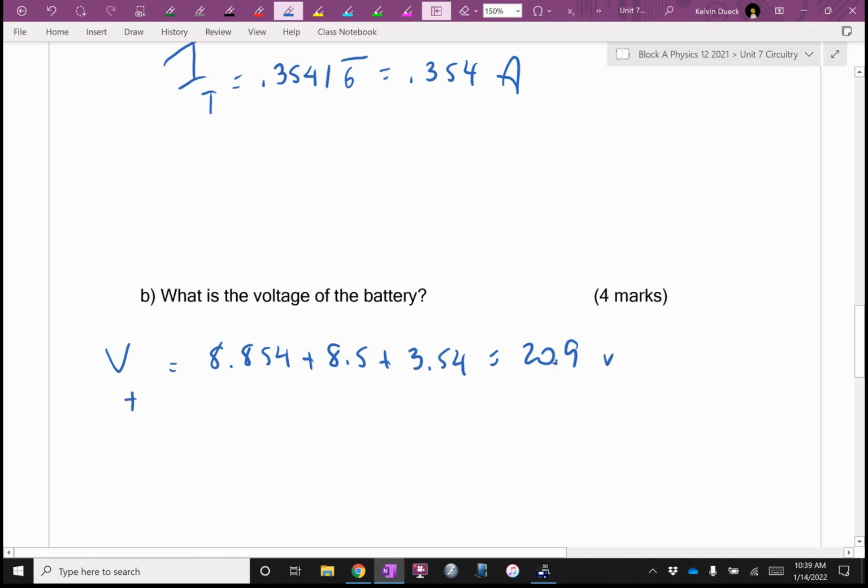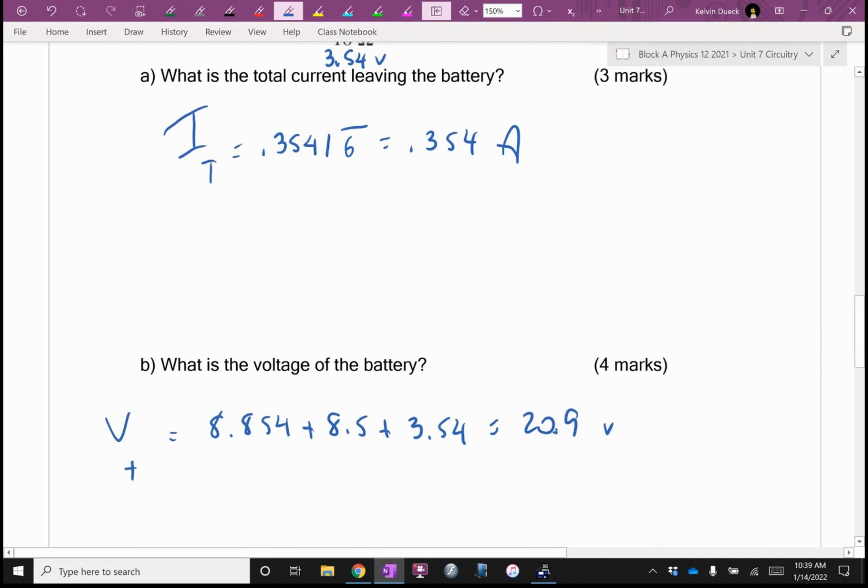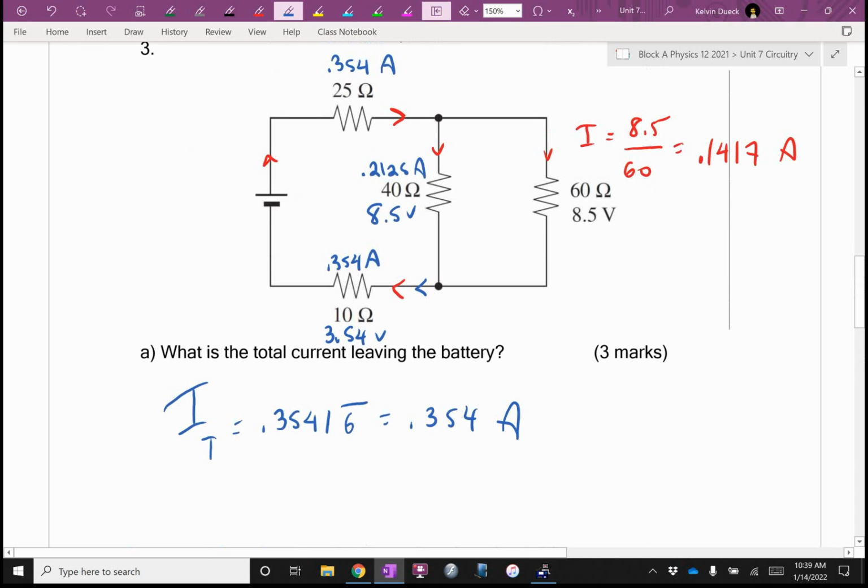Now, if you got that, first of all, if you got A, 3 out of 3, if you got B, 4 out of 4. Otherwise, how would I give out part marks? For part A, I would give you 1 mark if I saw that you had realized that the 40 was 8.5 volts. I would give you 1 mark if I saw that you had noticed that that meant it was 0.2125 amps.